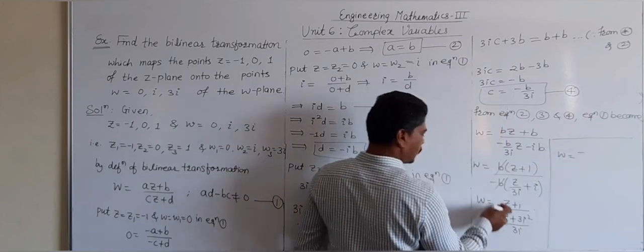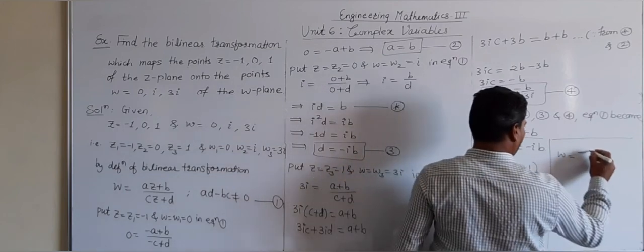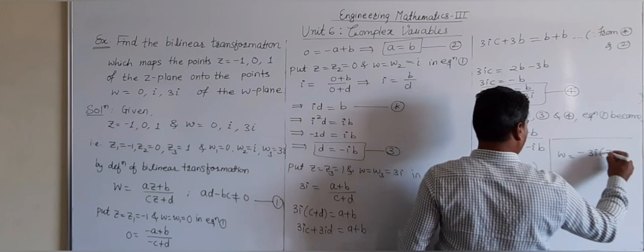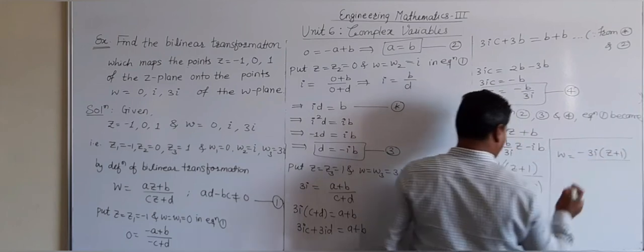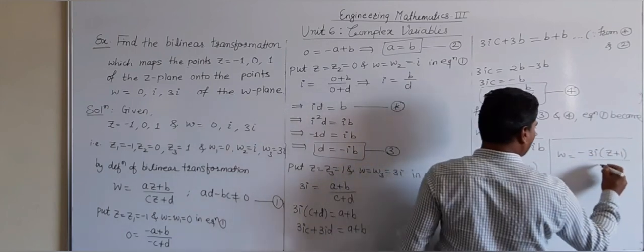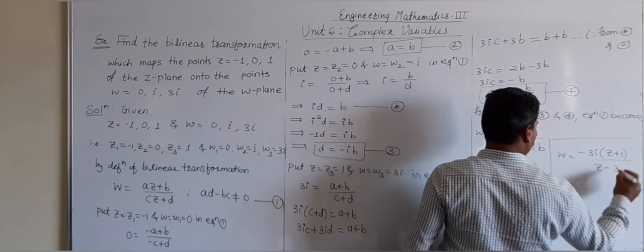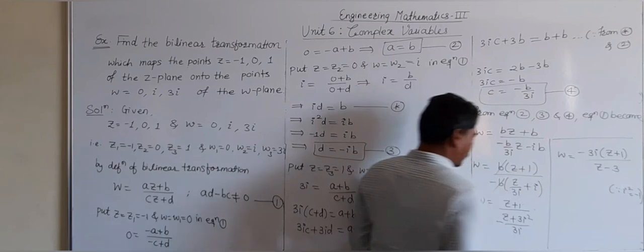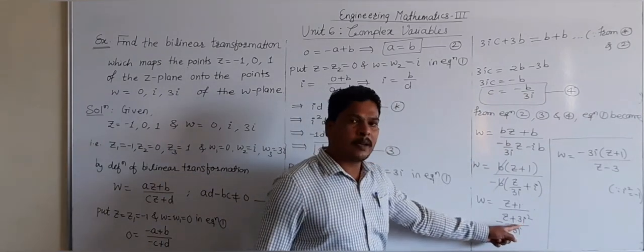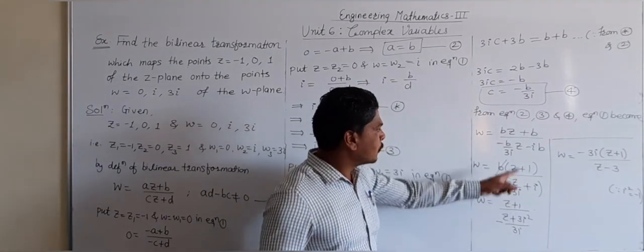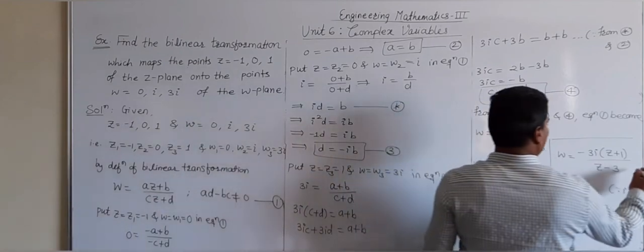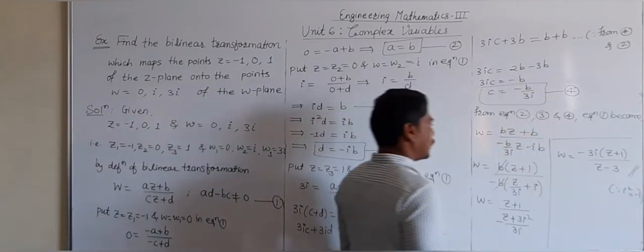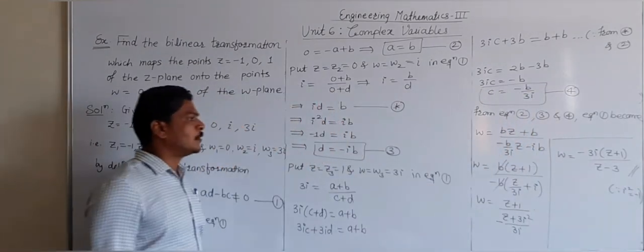So shift this minus toward the numerator, 3i into bracket Z plus 1, divided by Z minus 3, since i squared is minus 1. So minus 1 into 3 becomes minus 3. So in that way we get the required bilinear transformation W in terms of Z.